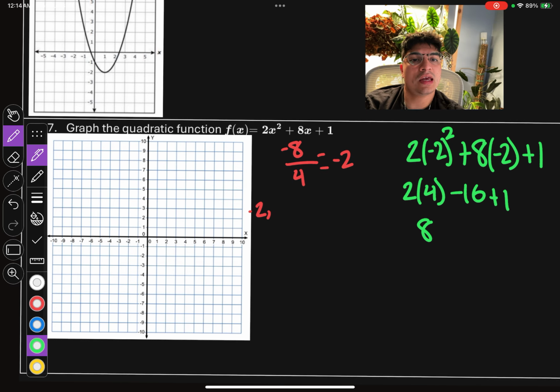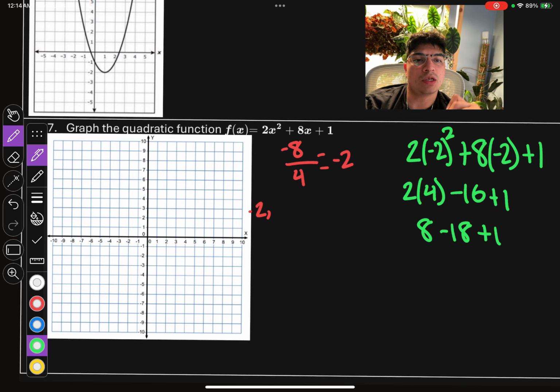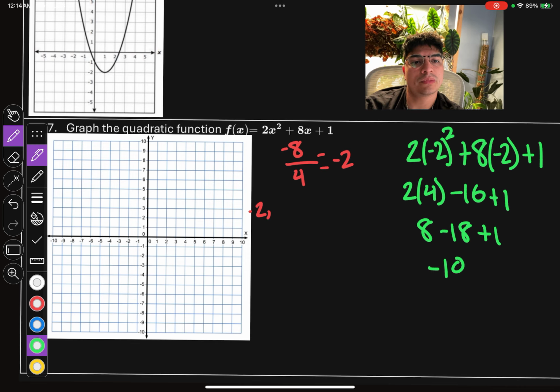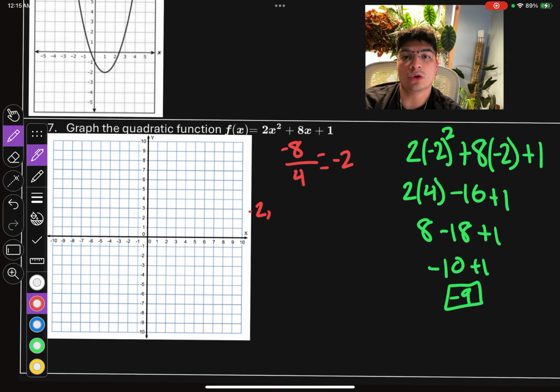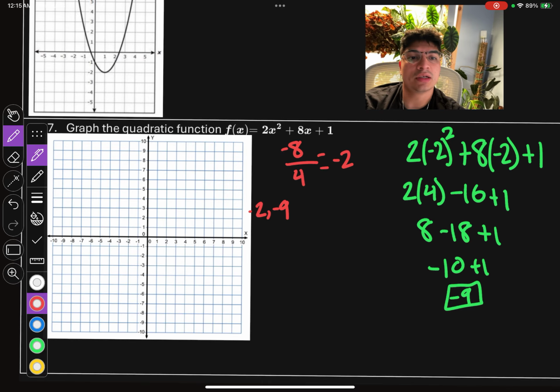So 8 minus 16 plus 1 would give me negative 8, plus 1 gives negative 7... let's see, negative 8 plus 1 would give me negative 9 as my y value for this case. So my vertex, I should say, is (-2, -9).